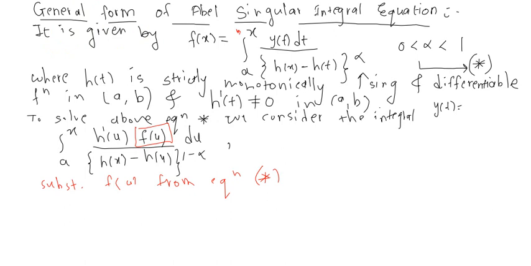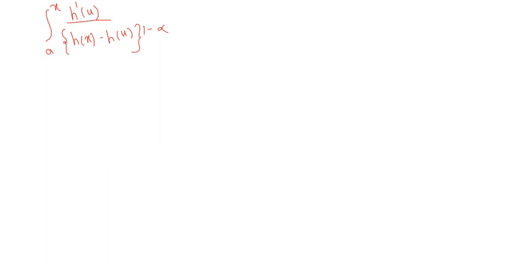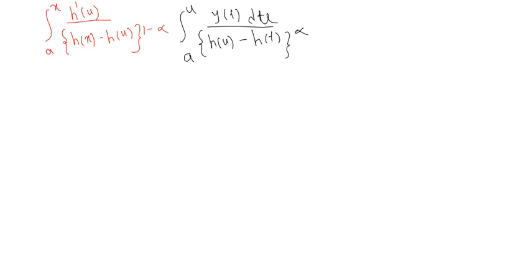So we get the integral from a to u, y of t dt divided by h of u minus h of t, this whole thing raised to alpha. Here it should be dt only, and then outside it should be du.